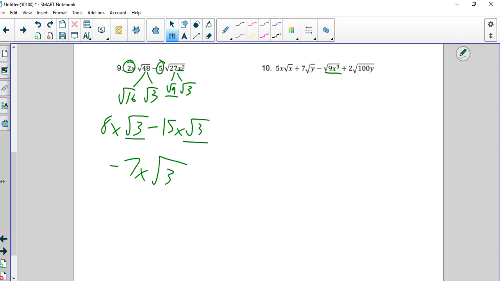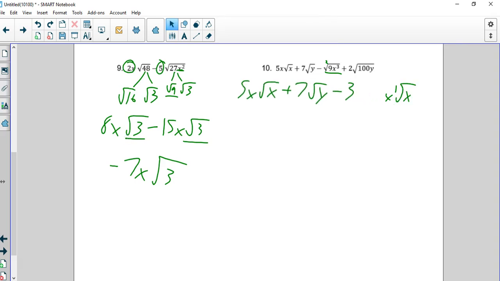Okay, so, a lot going on here. This right here, we got to think about breaking down. Okay, so we got 5x radical x, nothing can happen there. Plus 7 radical y, nothing can happen there. Here, square root of 9 is 3. Inside the radical, we have 3 x's. They come out in pairs. Or remember, 2 goes into 3 one time, with a remainder of 1 stuck inside.